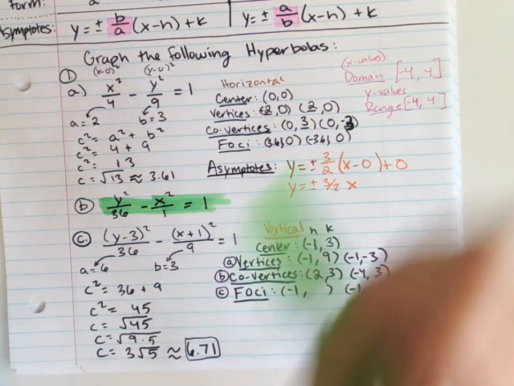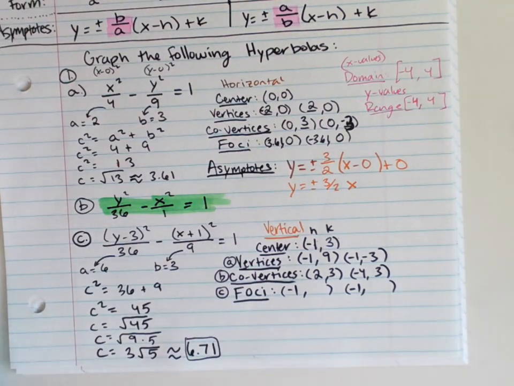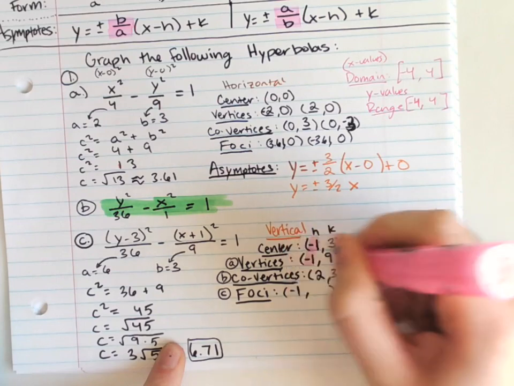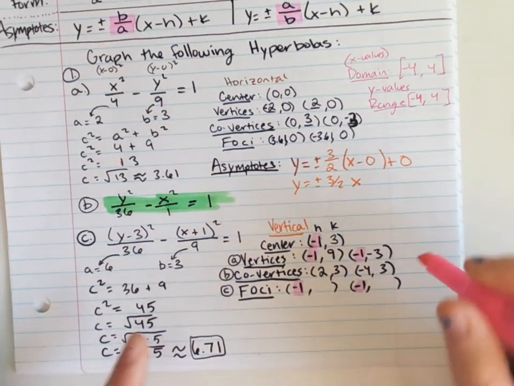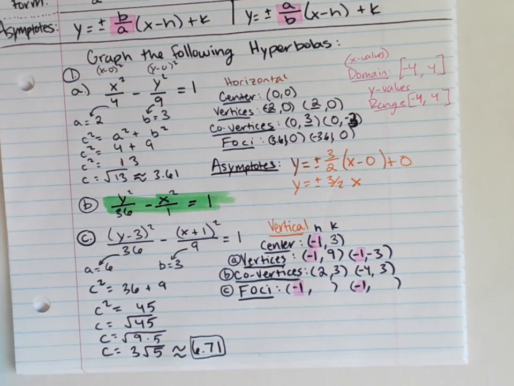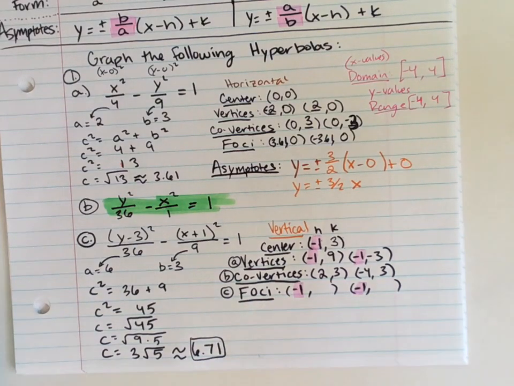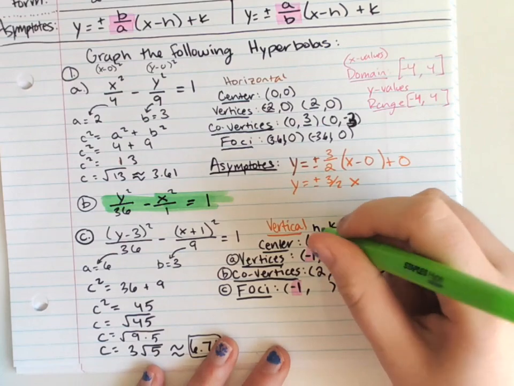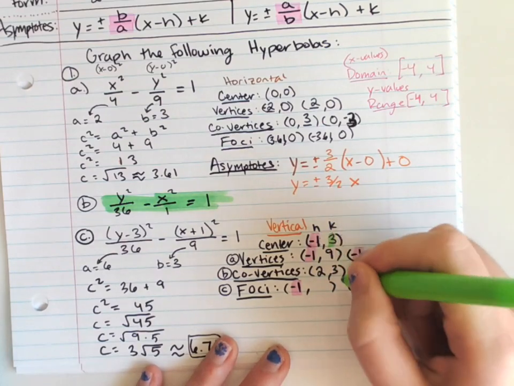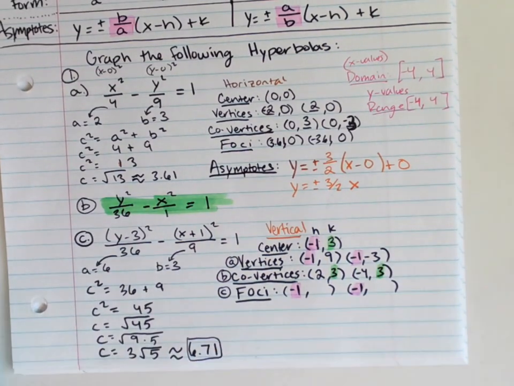I'm going to highlight all of these because I think that's good to see. For the vertices and the foci, they all kept their X value. The only thing that was changing was the Y. When we did the covertices, we kept the 3 there. Hopefully that makes sense.